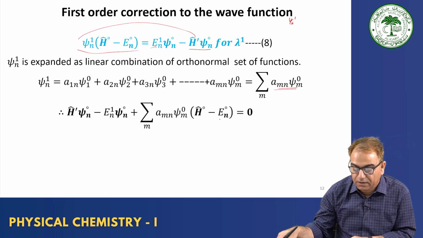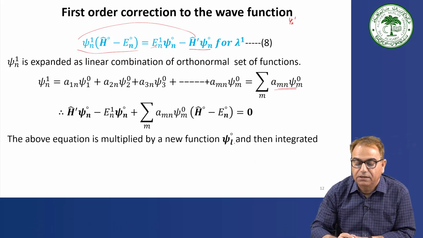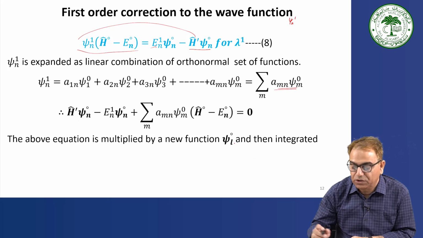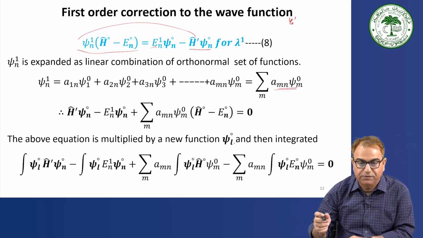Now the above equation is multiplied by a new function psi l naught and then integrated. So the whole equation you multiply by psi l naught and integrate it. What will be the integrals?